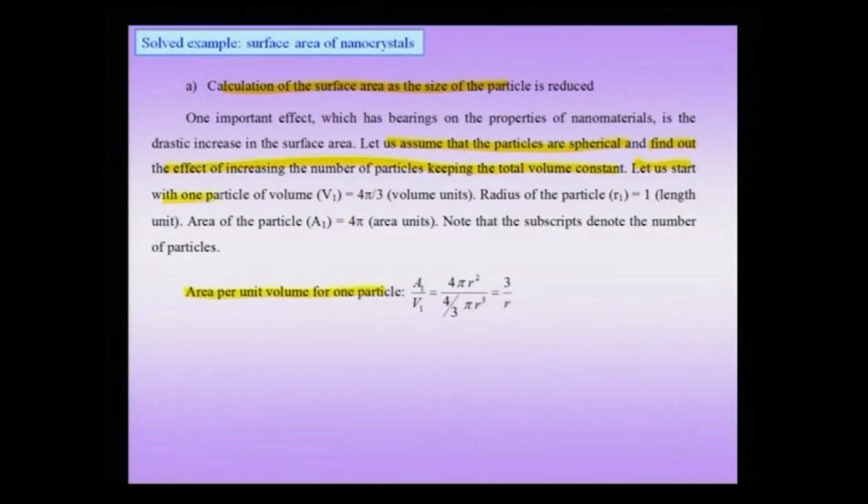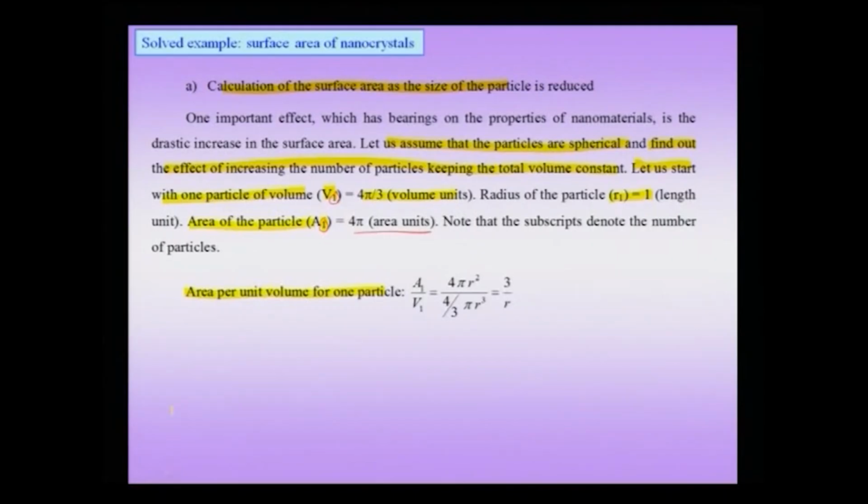Let us start with one particle of volume V1, and if you assume the radius of the particle to be 1 unit, then the volume will be 4 by 3 pi 1 unit cube, which is 4 by 3 pi. The area of the particle, since there is only one particle, and the subscript here refers to the number of particles. So, the subscript in these cases refers to the number of particles at each stage of my division, and that will be 4 pi area units.